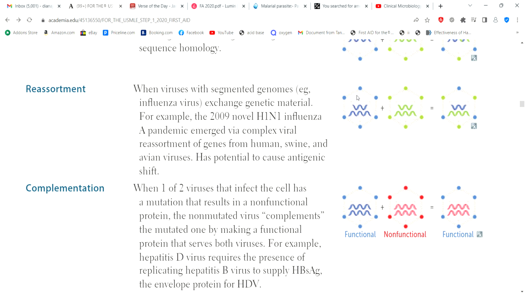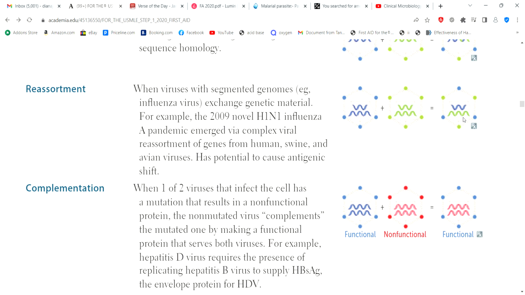This is a novel influenza virus like the H1N1. They switch, they give parts of their DNA to their child, which is right here. See this blue and green? This one's all blue, this one's green, this is blue and green. This is a reassortment.